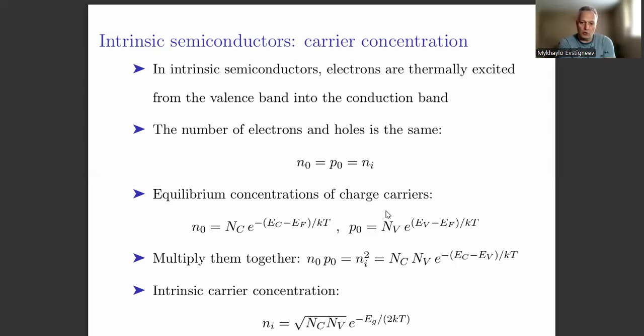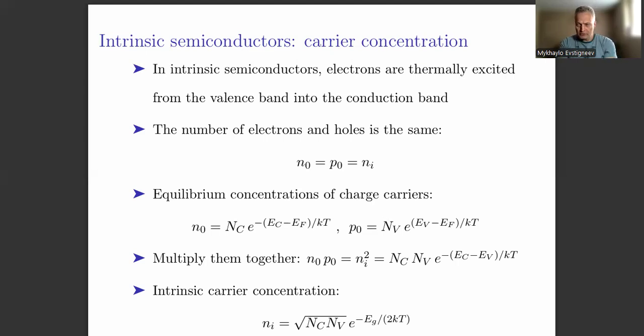And this happens if your doping is very high, if your doping concentration is comparable to the effective density of states in either band. All right, so this is the main formula from this slide. The intrinsic concentration is the geometric average of the effective densities of states in the conduction and the valence band multiplied with exponential to the power negative band gap energy divided by twice the thermal energy.